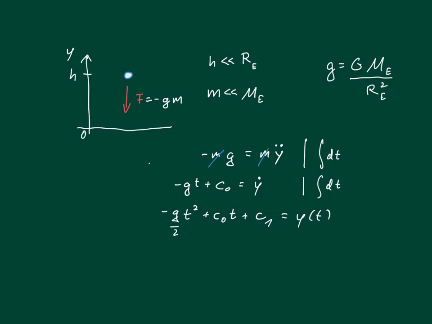So let's assume that the velocity at t equals 0 is 0, and let's remember that the starting height is h, so the other condition is y at t equals 0 is h.